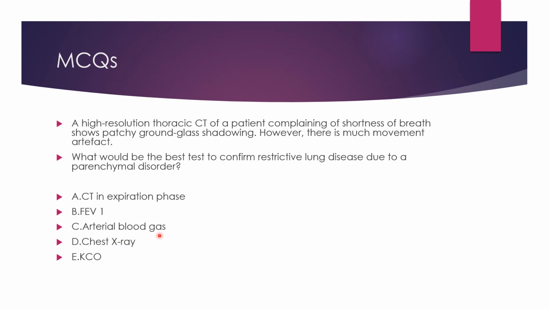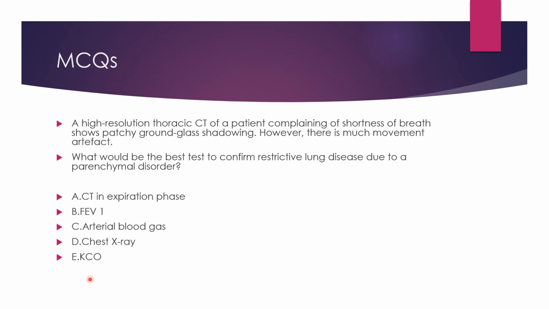And ABG, I don't think that will help in this patient, because we won't be able to diagnose the condition with ABG. And just X-ray, parenchymal lung diseases are often normal in early stages on chest X-ray, but we already have an HRCT which is showing ground glass shadowing. So I don't think there is a need for chest X-ray now at this stage.